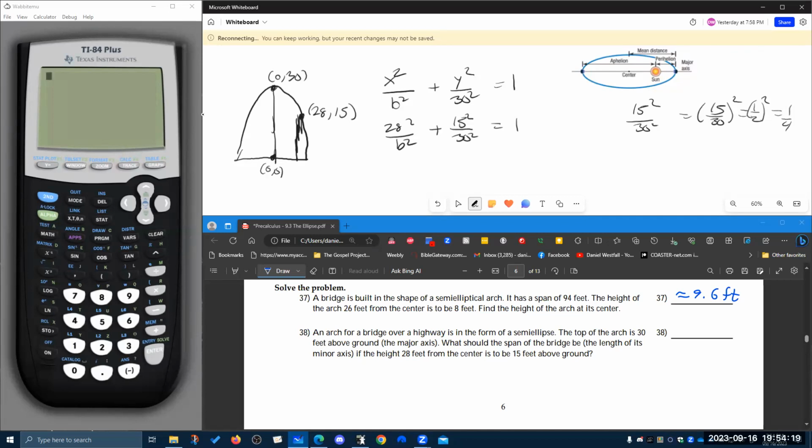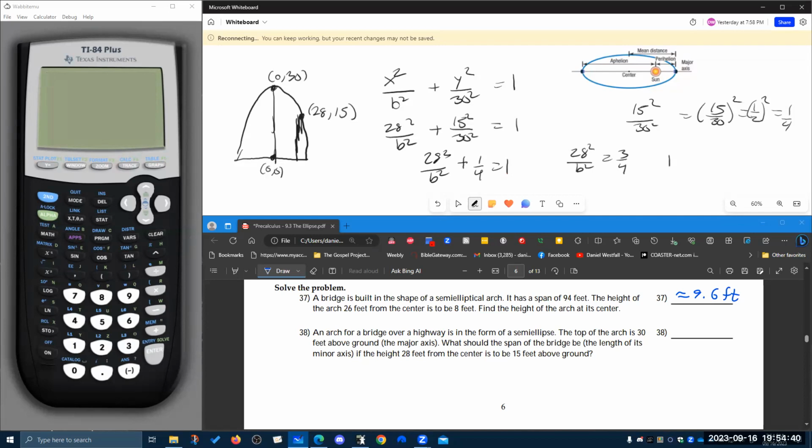That's much easier than getting 225 and 900 and having to figure that out. So we have 28 squared over b squared plus 1/4 equals 1, which makes 28 squared over b squared equal to 3/4.